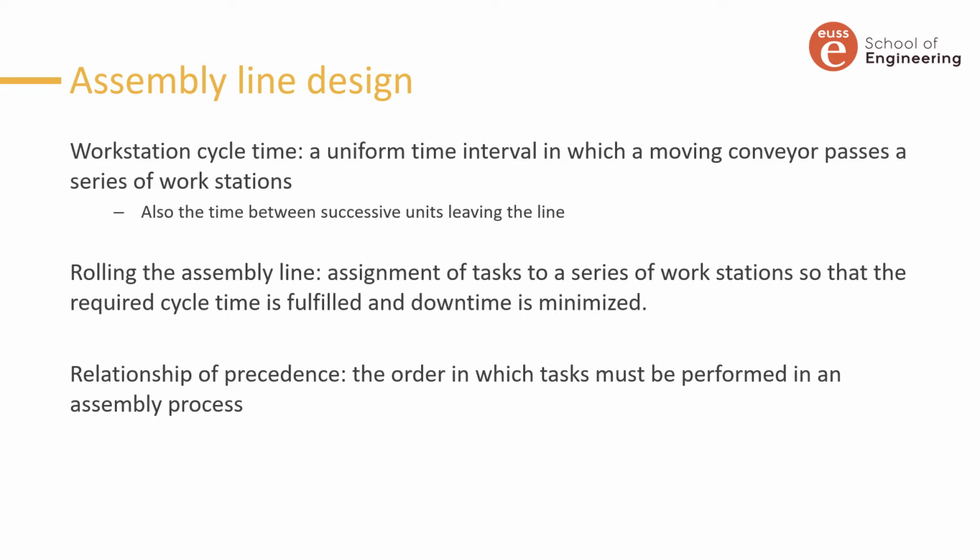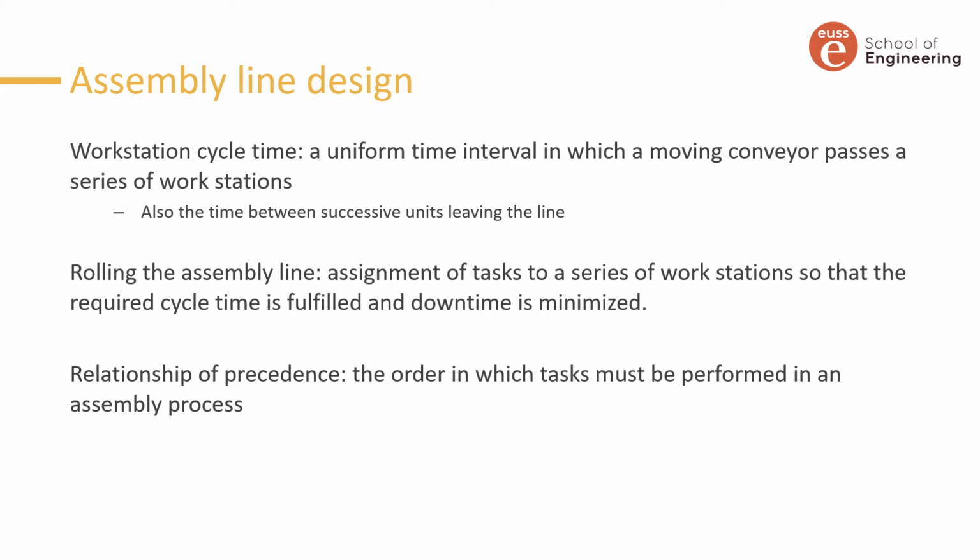The cycle time is the time that says the total of all the activities of a workstation should be that size of time. For example, if our workstation cycle time is 90 seconds, it means that none of the workstations that we have in our company should exceed that 90 seconds.